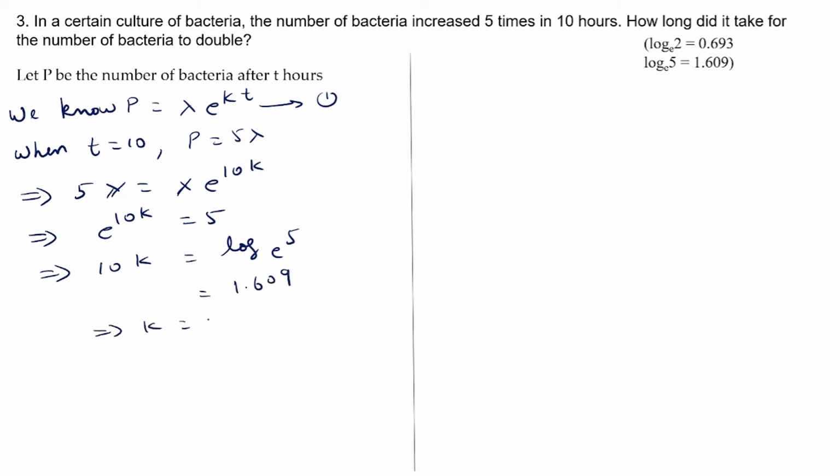From this, k is equal to 1.609 divided by 10, which is 0.1609. So this is k. Now we need to find the time it takes for the number of bacteria to double. We got k as 0.1609. Let us take P as 2 lambda.